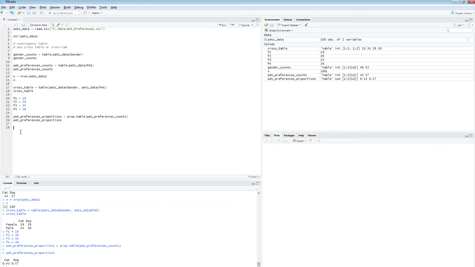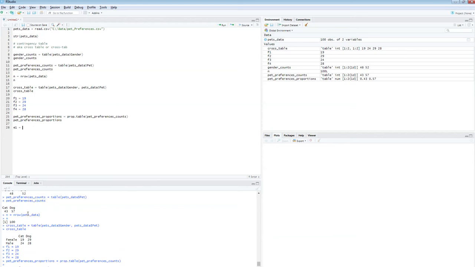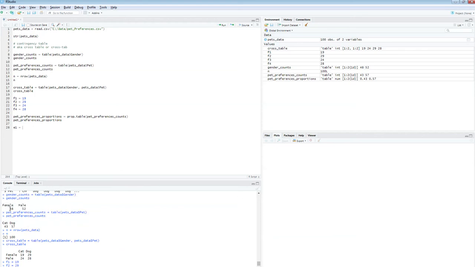So expected count number 1. That would be females who like cats. I am going to take the count of females, which is 48. There are 48 females in the sample.